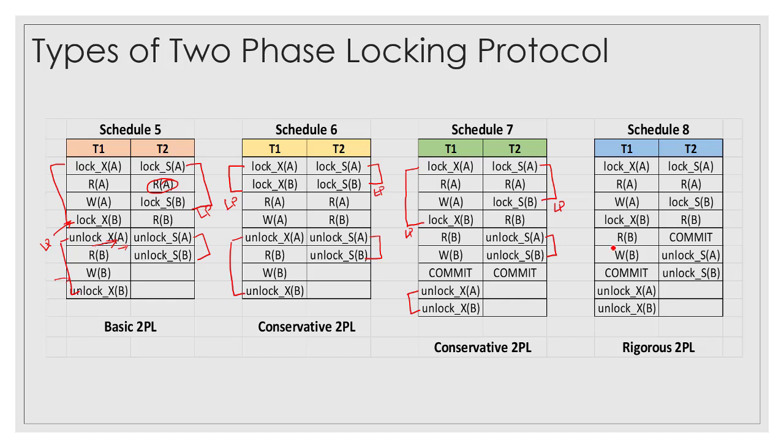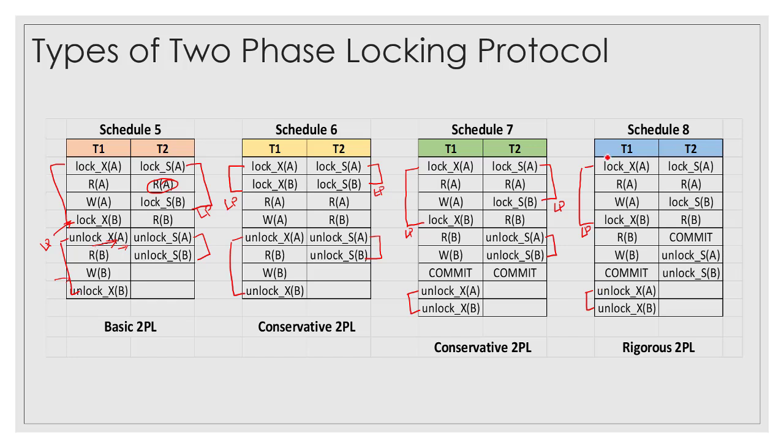So here transaction 1's growing phase is from this to this point, and this is the locking point, and the shrinking phase will be these two operations.